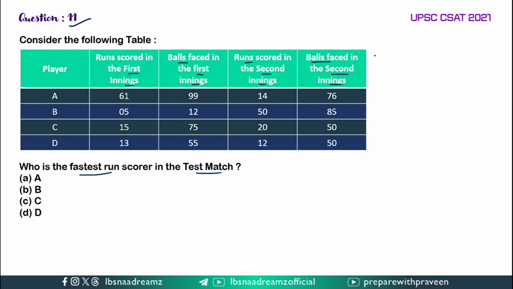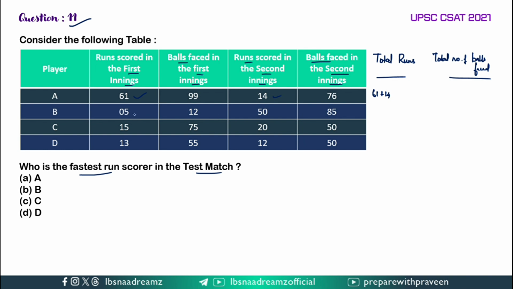So total runs and total number of balls faced. Okay. So player A, his runs are 61 and 14. 61 plus 14.